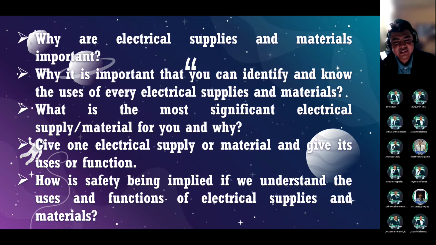Very good, Mr. Argil. Next question. Kindly read and answer, Mr. J. Art. Give one electrical supply or material and give its use or function. Conduit, sir. It is used as a passage for wires, for protection and insulation.